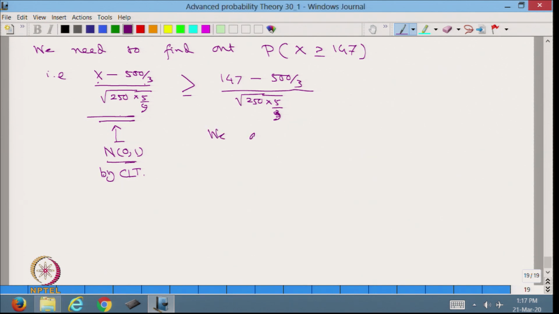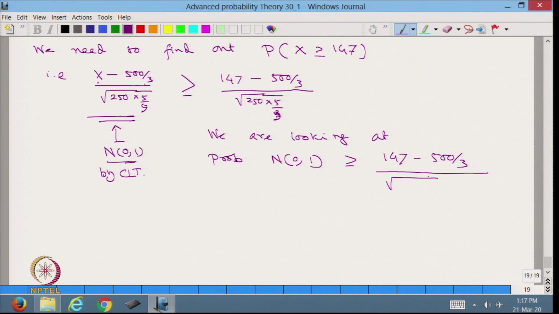Therefore, we are looking at the probability that a standard normal random variable is greater than or equal to (147 minus 500 by 3) divided by root over 250 into 5 by square root of 9, which is equal to (147 into 3 minus 500) upon 5 root 10, which is equal to minus 1.65.